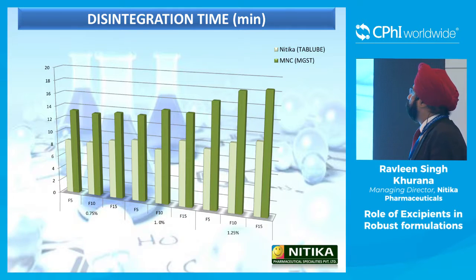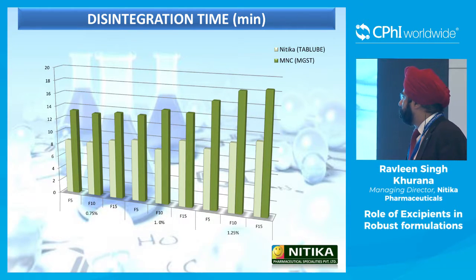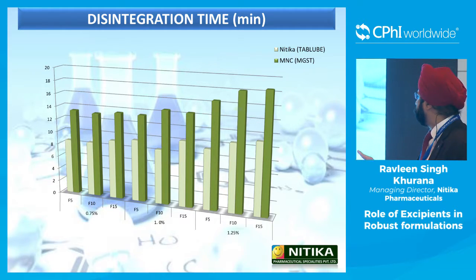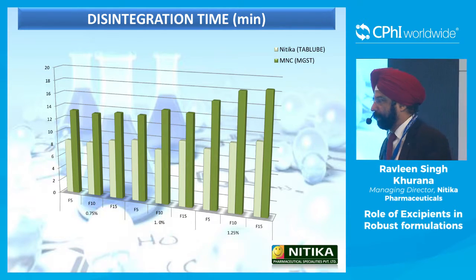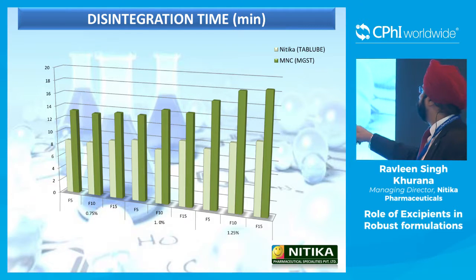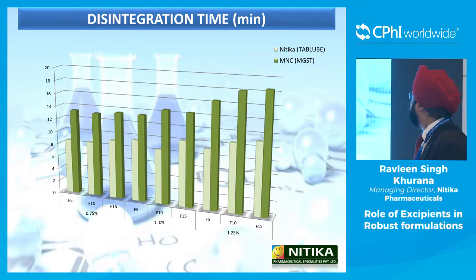The DT or the disintegration time. Again, the concentrations used are 0.75%, 1% and 1.25%, and the blending times again are 5, 10 and 15 minutes. With the Nitika is a cream colored bars and the other material is a dark green colored bars.